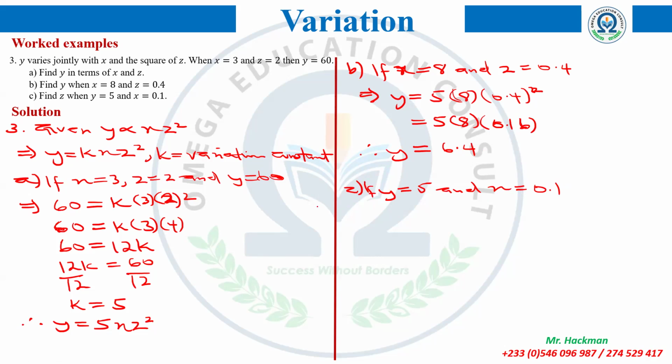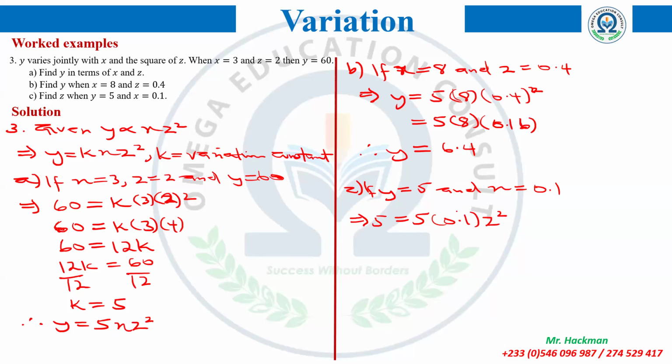So now we just need your value. This implies that we are going to substitute. 5 will be equal to, we are substituting into the relation, 5 times your x. Do you know x? Yes, and that is 0.1. Then times your z squared. You don't know z, so it will be z squared. That's what you are looking for.